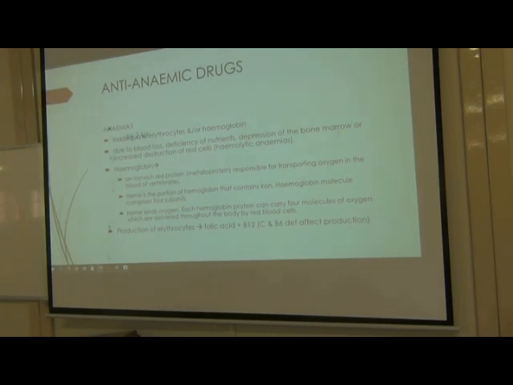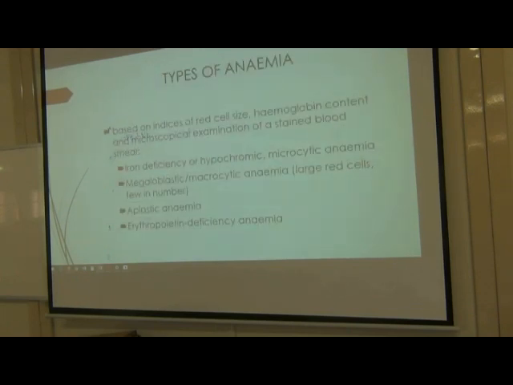Okay. So we already identified the last statement here that the production of red blood cells involves the presence of folic acid, vitamin B12, vitamin C, okay, and B6 also. So if there's a deficiency of these vitamins, it could lead to anemia in the patient.